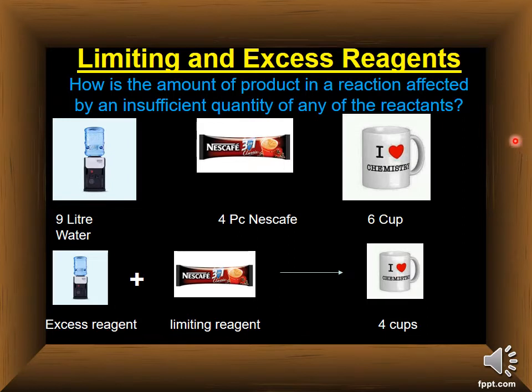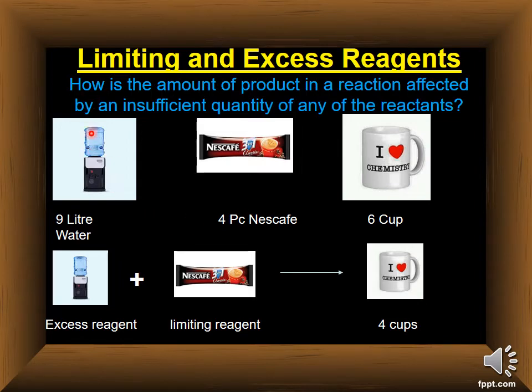After that, 1 more cup, 200 ml of hot water, and 1 more Nescafe; the third cup is prepared. Then you took the fourth cup, put Nescafe and 200 ml of water.